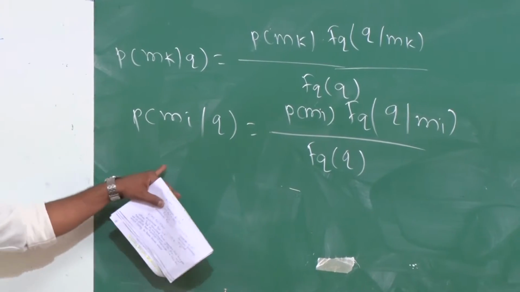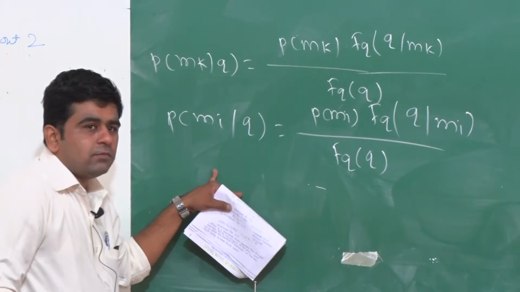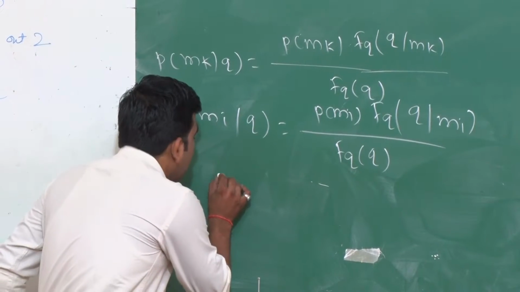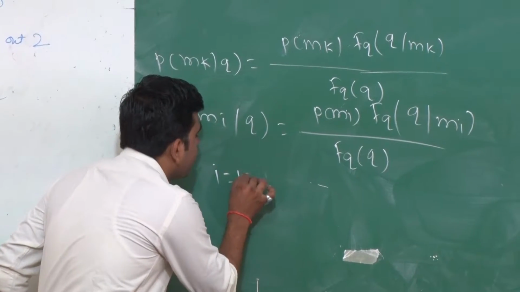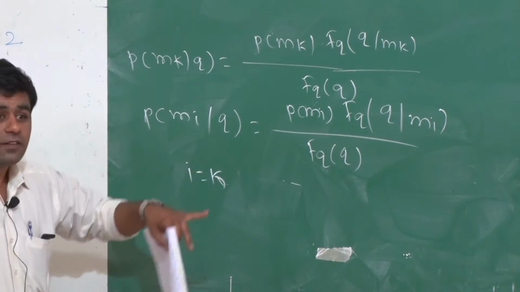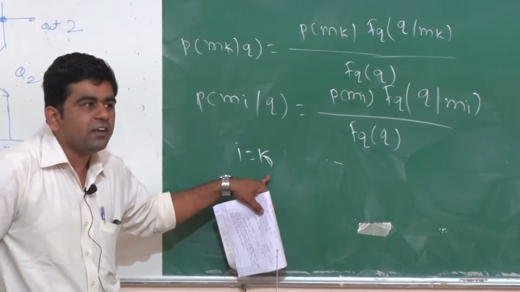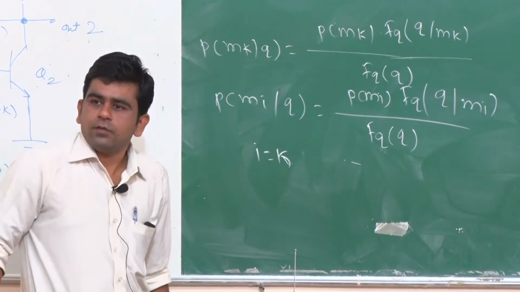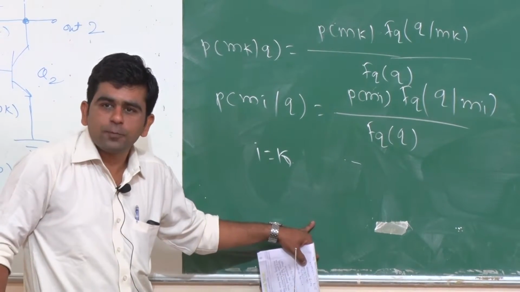We will get a maximum value for i equal to k. That means your transmitter sends the kth symbol and the receiver receives the kth symbol. This is called the posterior probability.